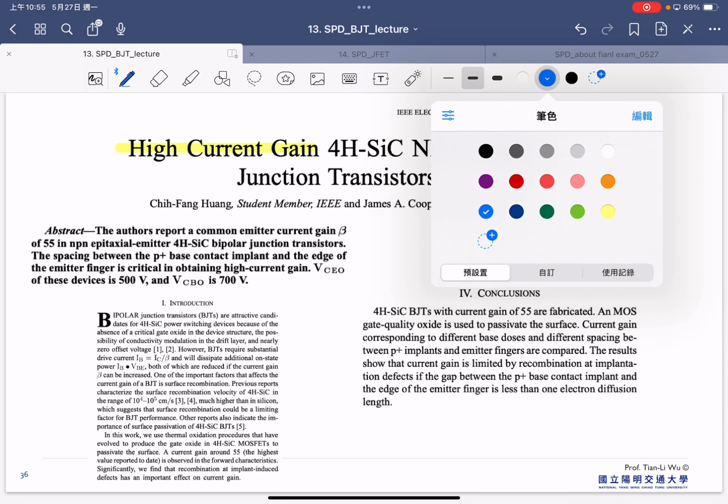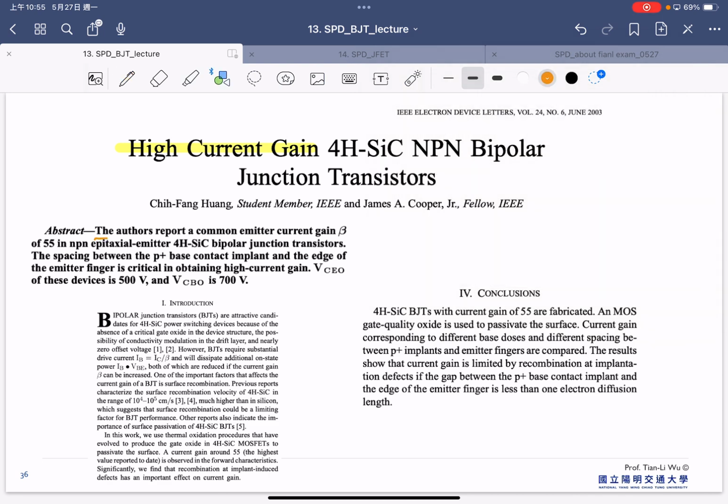So from the first sentence of this paper, you already realize that the goal is that the authors use an interesting material that we call silicon carbide and reach a very high current gain beta. Again, this is also a term we already know from these lectures.